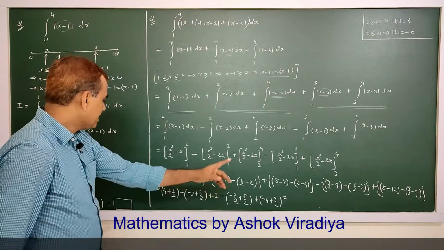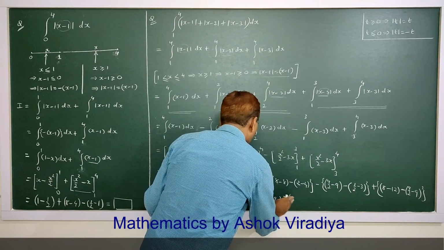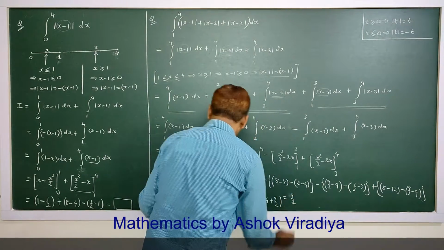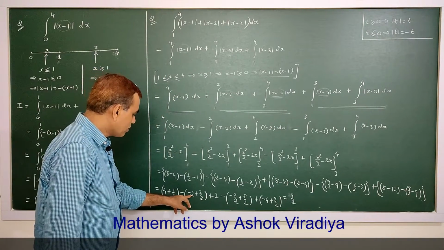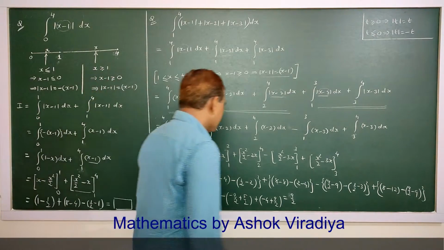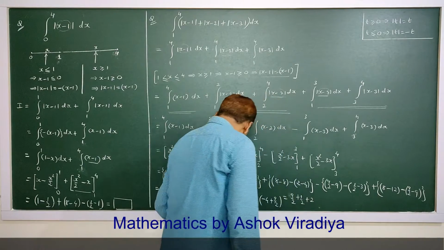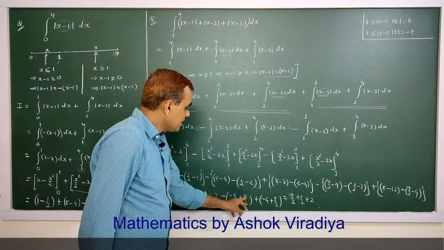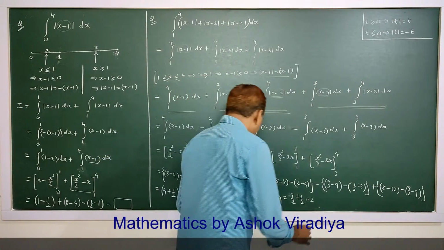So now opening these brackets, 4 plus 1 by 2, 9 by 2. Here minus 4 plus 3 minus 1 by 2. So minus minus plus 1 by 2, plus 2. This is minus 4 by 2. So minus 2 minus minus plus 2.